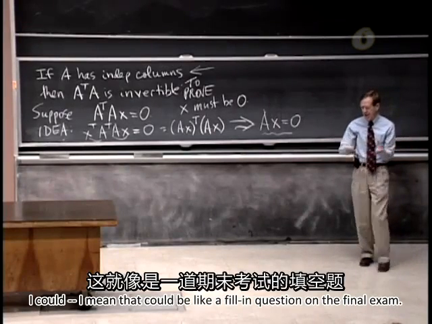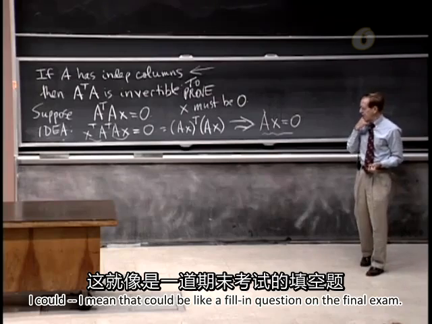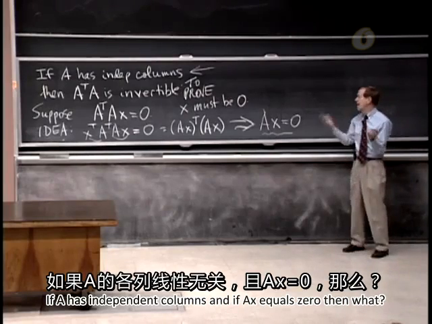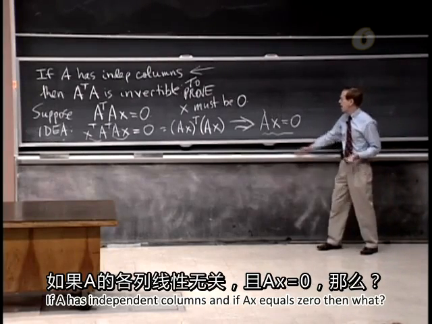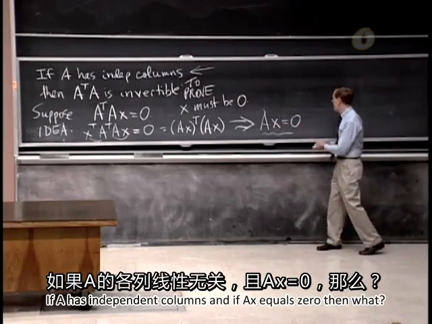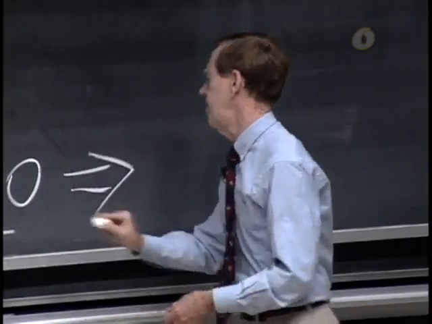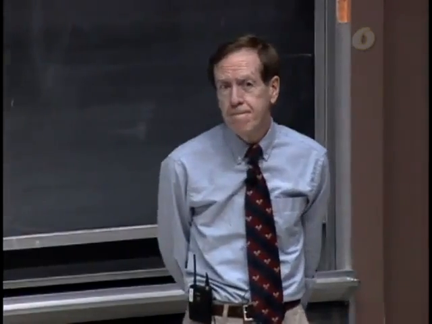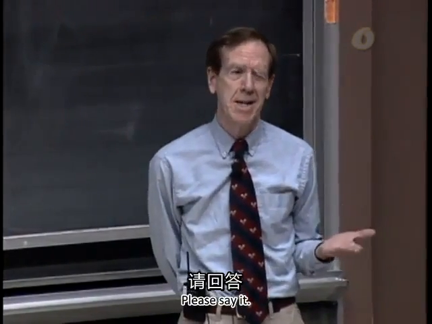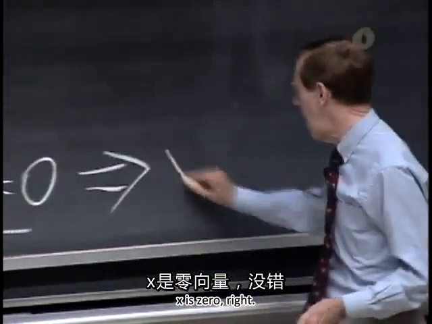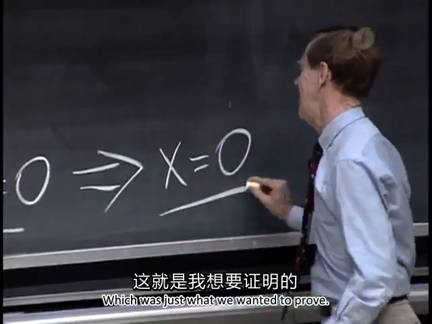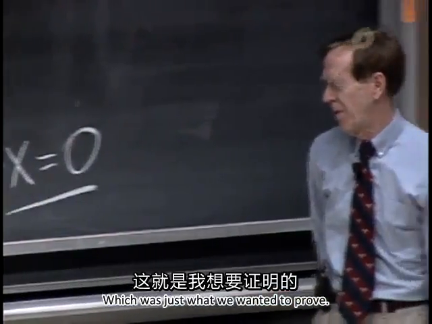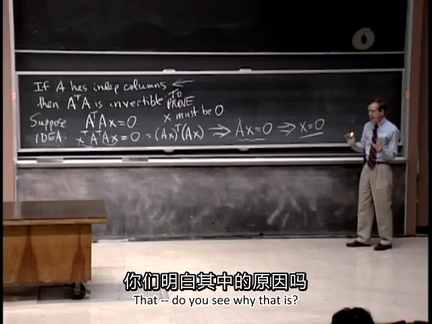That could be like a fill-in question on the final exam. If A has independent columns and if Ax equals 0, then what? Please say it. x is 0. Right. Which was just what we wanted to prove. Do you see why that is?